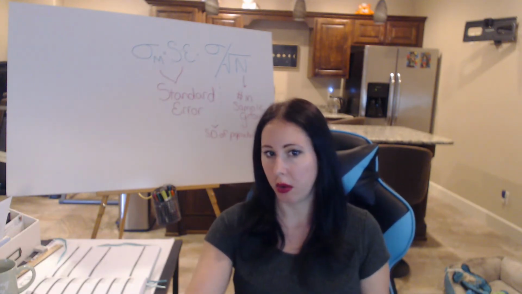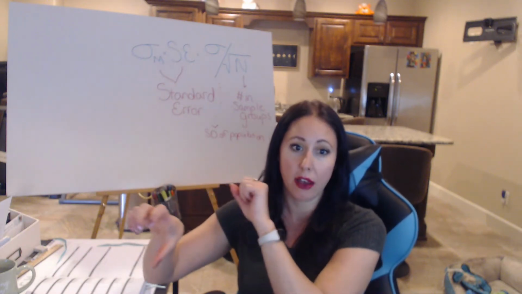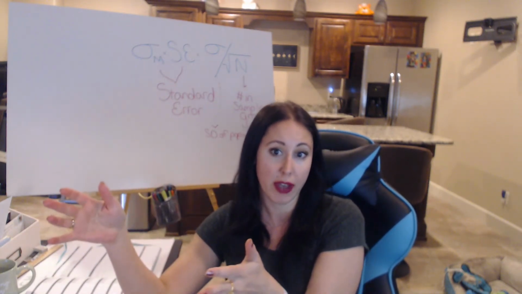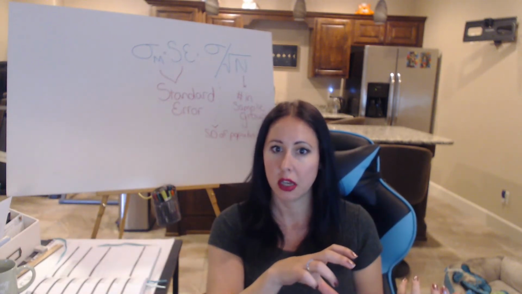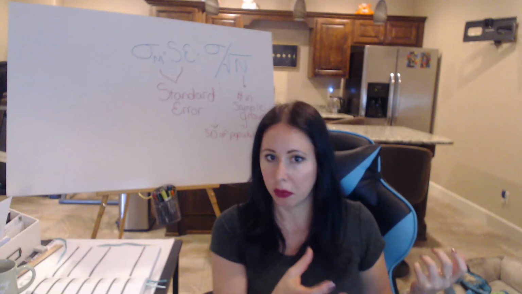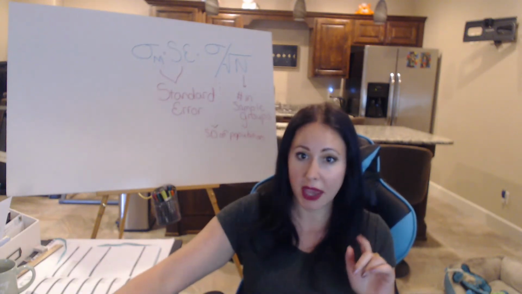How do I know that if I would have taken other samples of 25 random students out of this group of 100, that by chance I wouldn't have pulled students who also had improved sleep for some other fluke reason, right? Because I actually did the math on this.